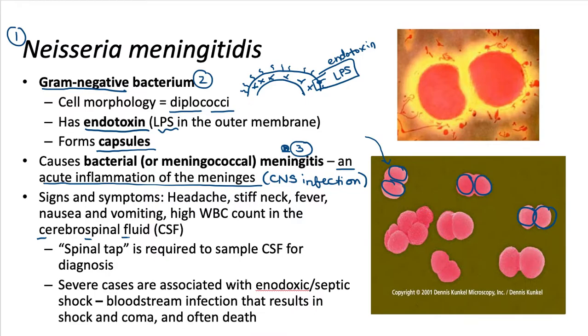Because the septic shock is caused by endotoxin, it's also sometimes called endotoxic shock, and death will often result if infections reach this stage, which is about 50% of the time. So bacterial meningitis can be very, very serious, and it is treatable in some of the initial stages, but it is less likely to be treatable when it reaches this latter stage after the toxins have entered the bloodstream.